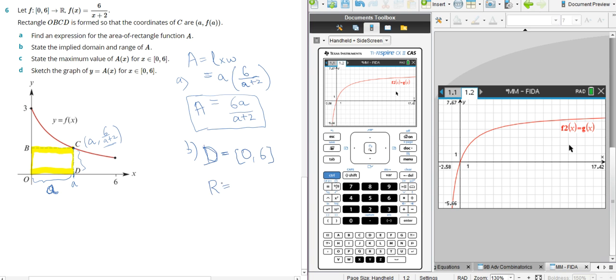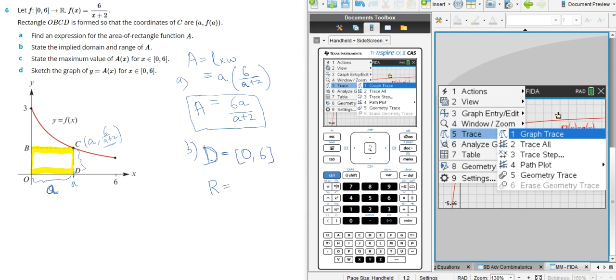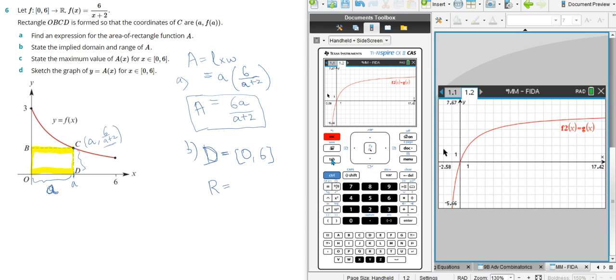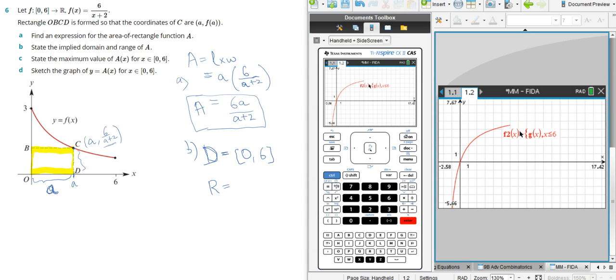And let's talk about range. That's what the second part of this same question is asking. If the domain is 0 to 6, have a look at this graph over here. The graph trace would help us. But before that, I would like to go back to my tab, click up, and then put in the same domain. For saving time, I will do x less than or equal to 6, so I only get up till 6.